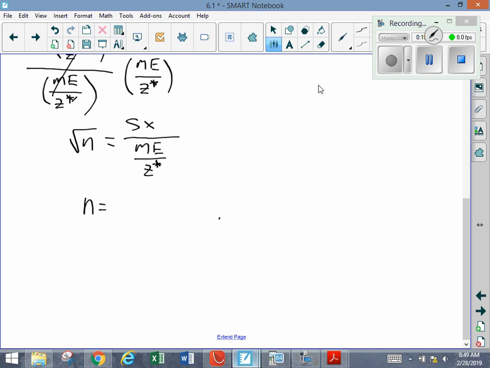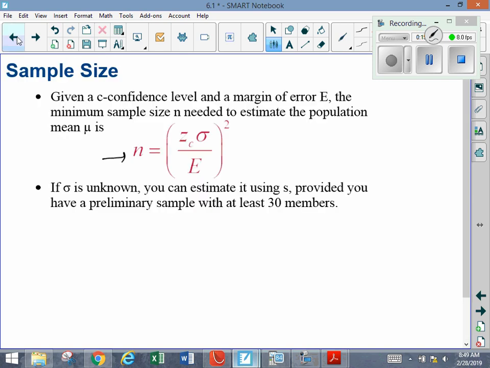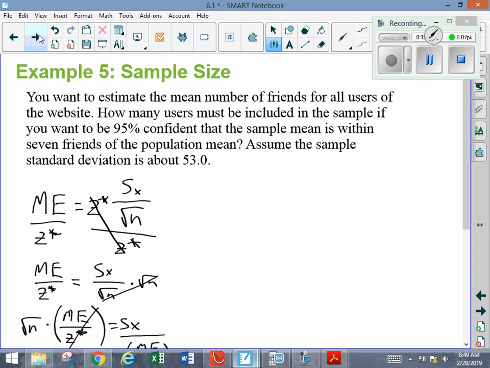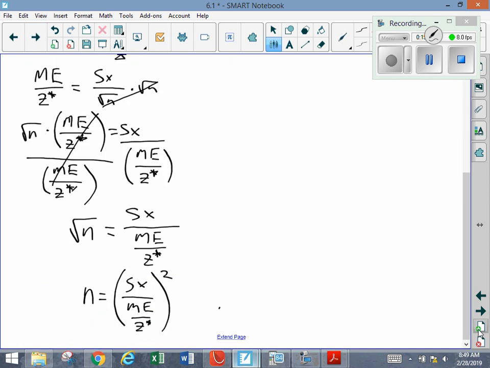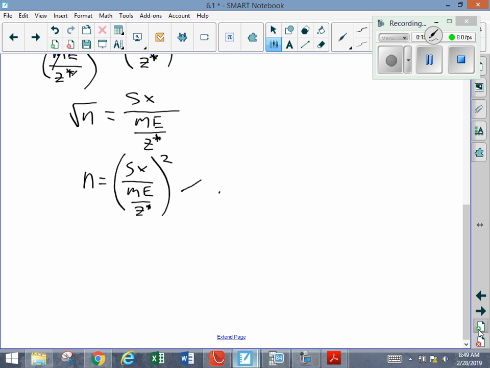So n is going to be, I have to square both sides, right? Standard deviation, margin of error, critical value, squared. And we just got to get it into that form. The way that we'll do that is just flip it.